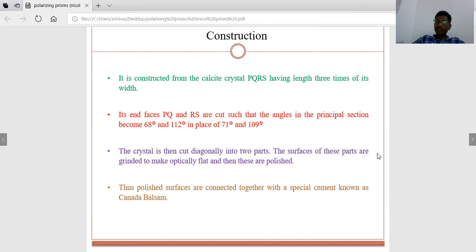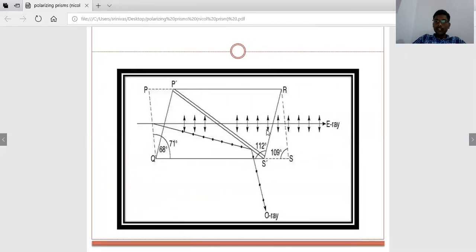The surfaces of the parts are ground to make them optically flat and polished. These polished surfaces are connected together with a special cement, that cement being Canada balsam. See in this figure, here the O ray is internally reflected and the extraordinary ray gets transmitted from this crystal.